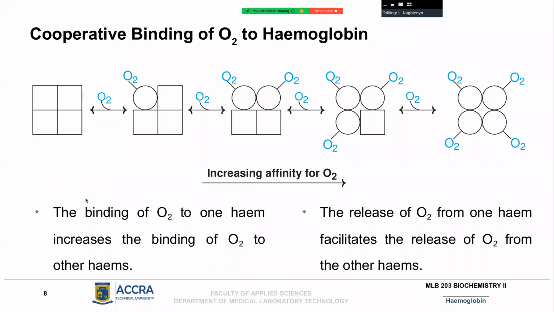Okay, now, the term cooperative binding of oxygen to hemoglobin refers to the fact that the binding affinity of heme in hemoglobin to oxygen increases with the binding of oxygen to other hemes.